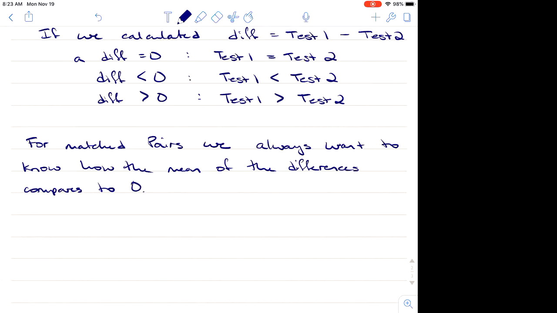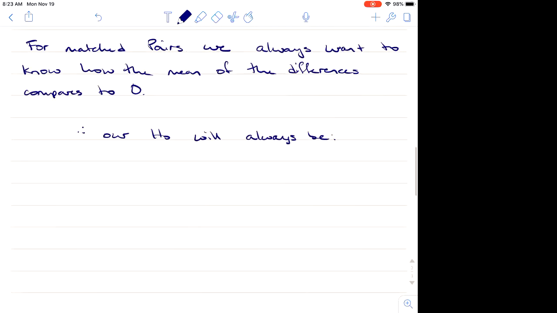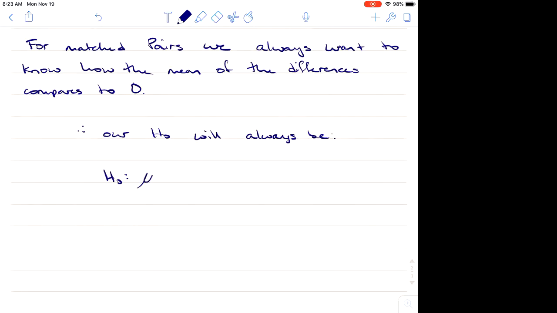So for matched pairs, our H naught, our null hypothesis, is that the mu of the differences, so we put a little subscript diff, because this isn't just any mu, this is the mean of the differences, and that's how we indicate that we have a matched pairs situation, is equal to 0.